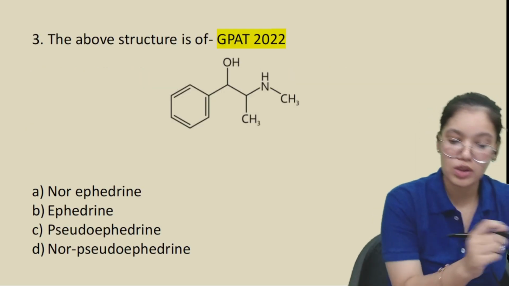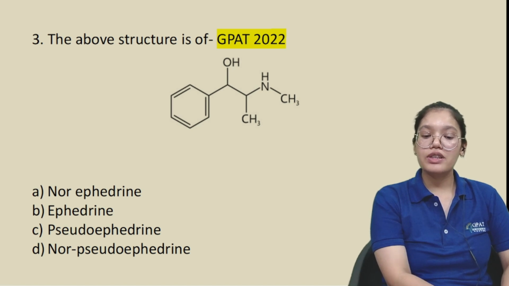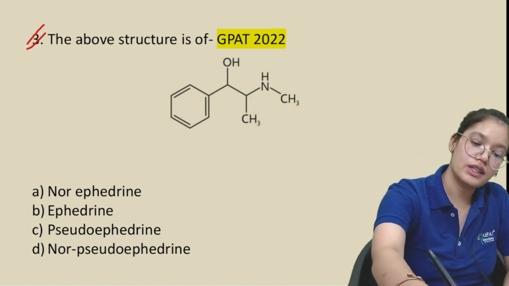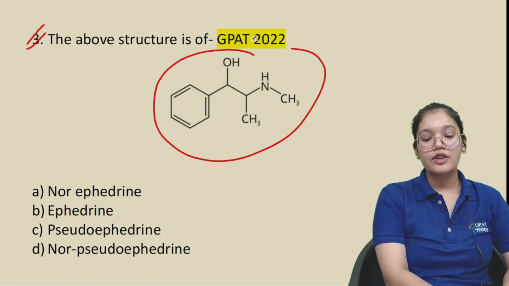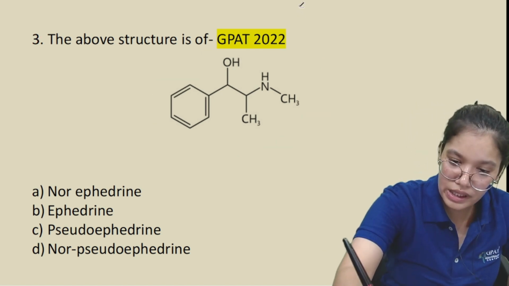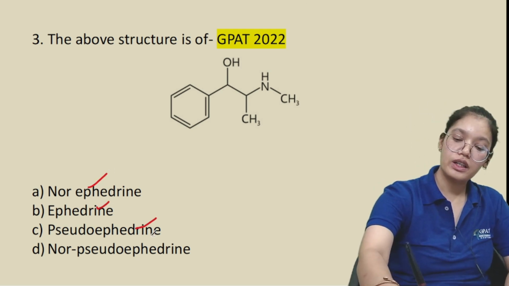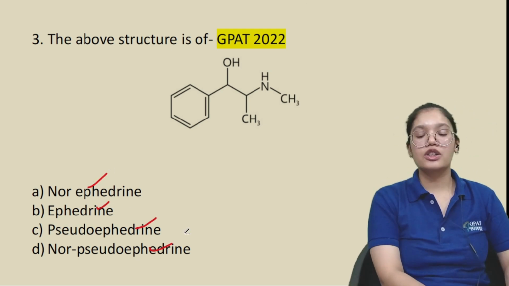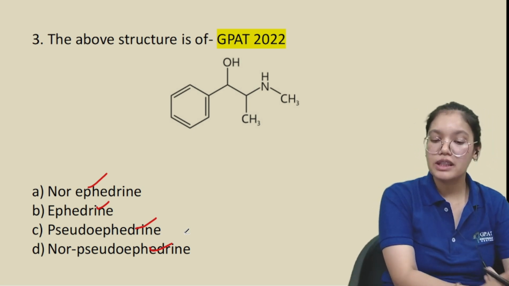Now moving forward to the next. From GPAT 2022, the above structure is of what? Is it of norepinephrine, ephedrine, pseudoephedrine, or nor-pseudoephedrine? Now it is a non-catecholamine. Ephedrine is also a non-catecholamine, so we don't get any help from that catecholamine thing.